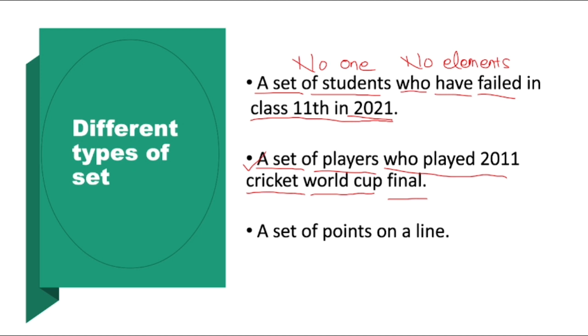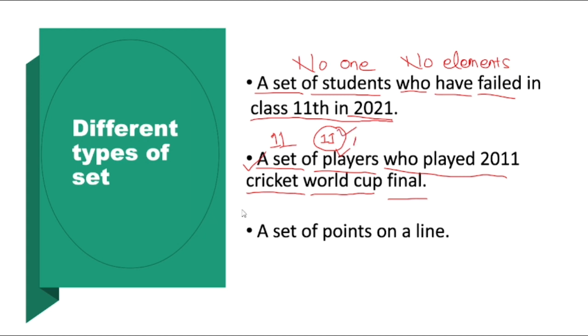In a cricket match only 11 players can play for a team. So if I make a set of players who have played one particular cricket match, there will be only 11 elements in that set, and all 11 are players.